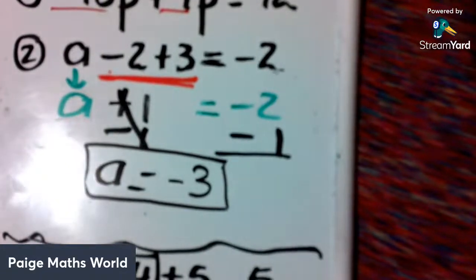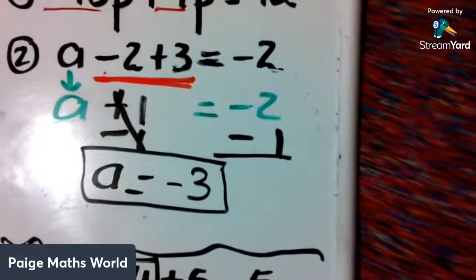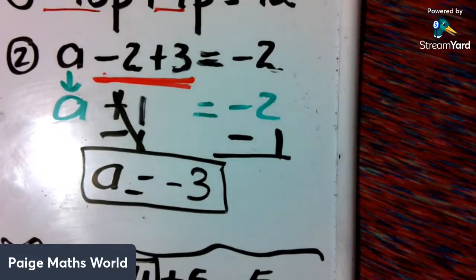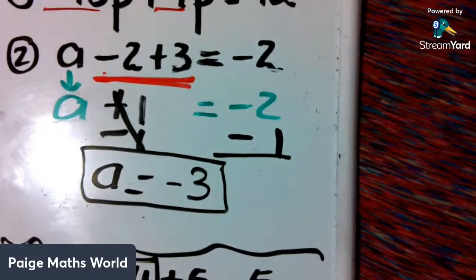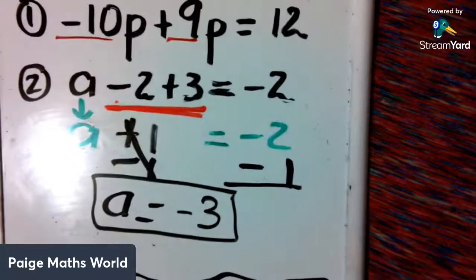Let me show you another way, but give you a minute to see if you get this method. All right, let me show you another way, guys. And probably the other way is going to be a little bit easier for you.